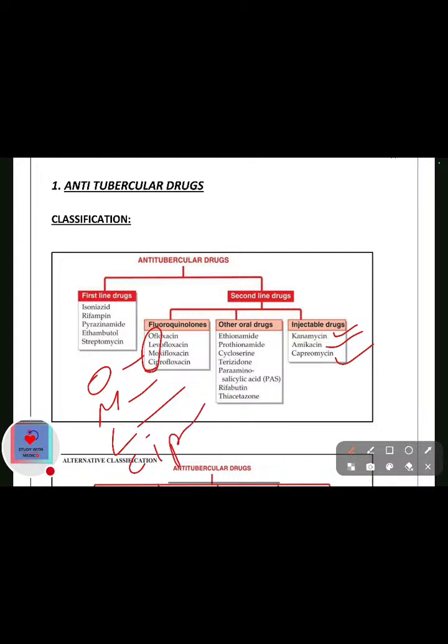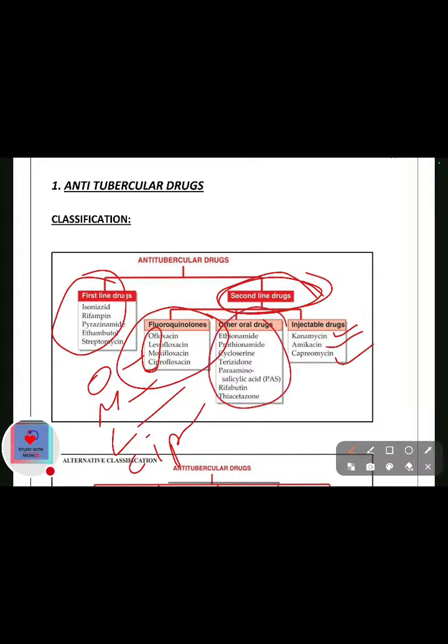See, the first line drugs are used for general TB, but second line drugs are used in those who have not been cured after treatment, or those who have developed resistance against the first line drugs. If they have developed any resistance, then we go for the second line drugs, like fluoroquinolones.